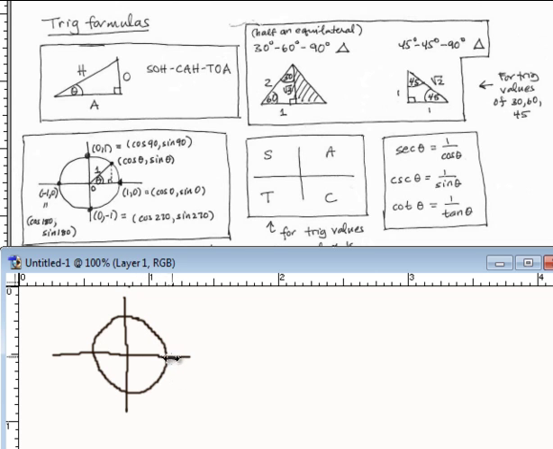This point over here is (1, 0). The equation of the circle is x squared plus y squared is equal to 1.